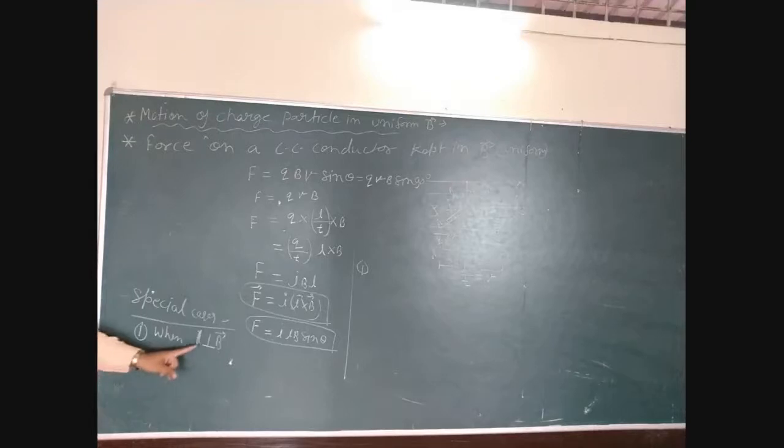The situation we have when length is perpendicular to B, which means the conductor is kept in the magnetic field at 90 degrees.